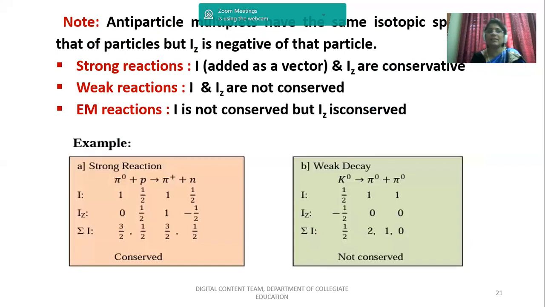So let us consider, in the case of an antiparticle, what will be the value of isotopic spin? Antiparticle multiplets have the same isotopic spin values as the particles under consideration, but Iz is the negative of that of the particle. Whichever particle you take, for its antiparticle the isotopic spin remains the same, but the Iz value is always taken as negative.